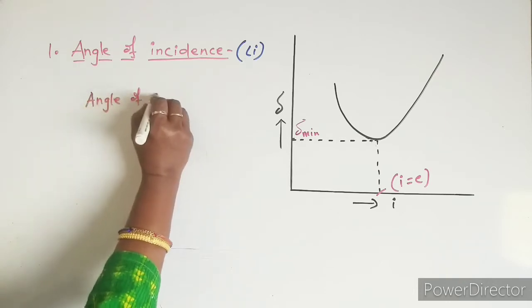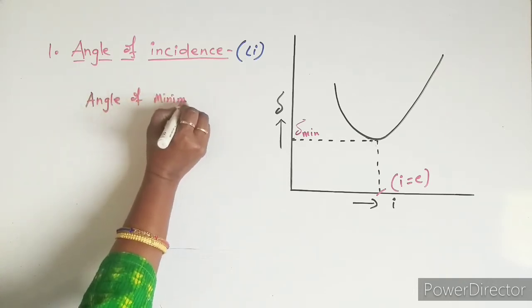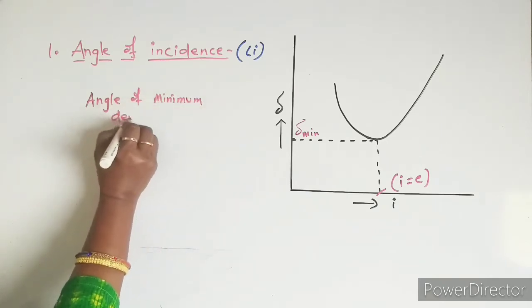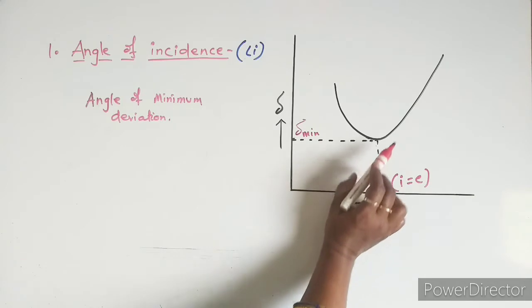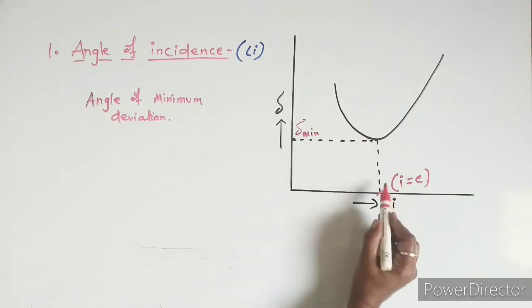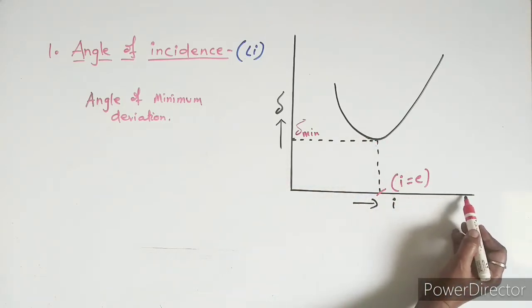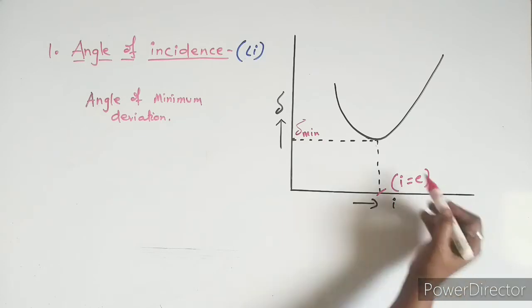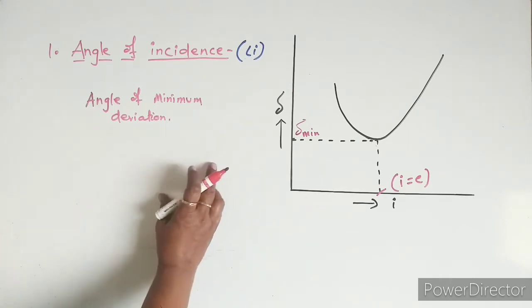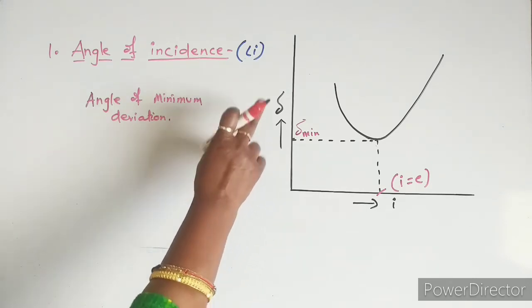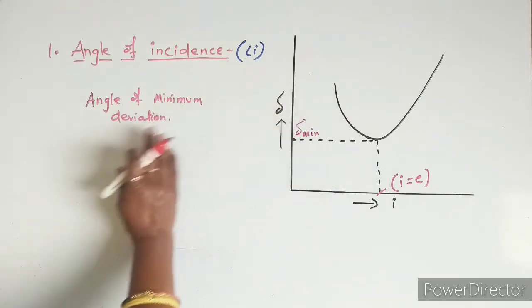After the minimum angle of deviation, with an increase in the angle of incidence, the angle of deviation also increases. So what we can write is a relation.